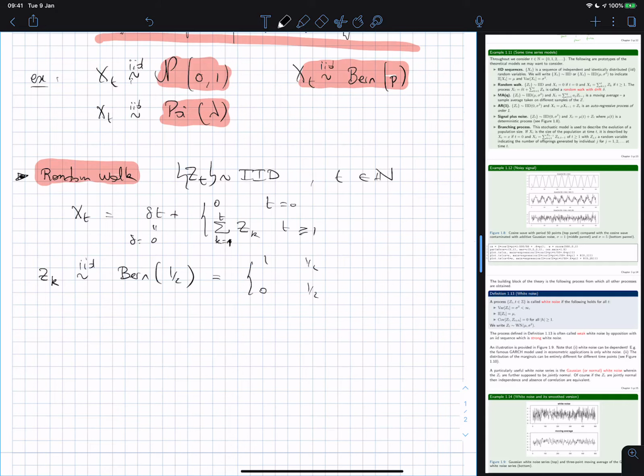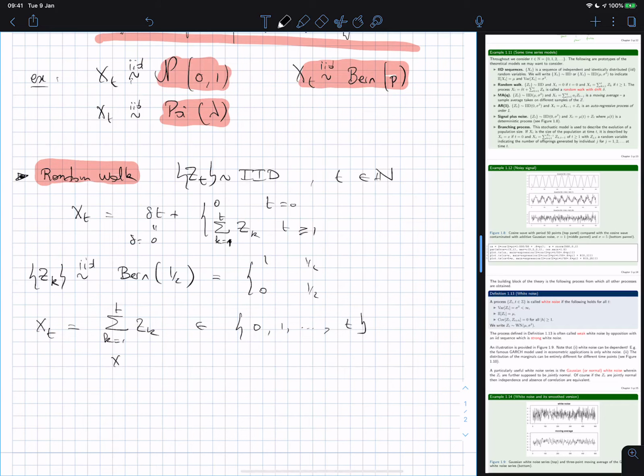Well, if the zk's are Bernoulli with parameter 1/2, the xt's are what? Well, they are the sum for k going from 1 to t of zk's. If all the zk's are 0, they could be 0, or they could belong to 1, and it goes up to t.